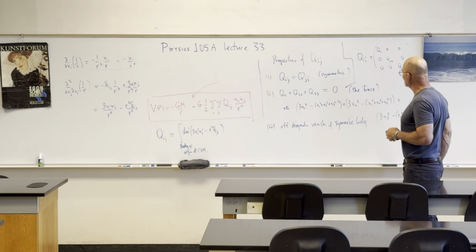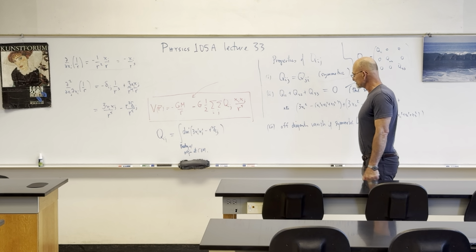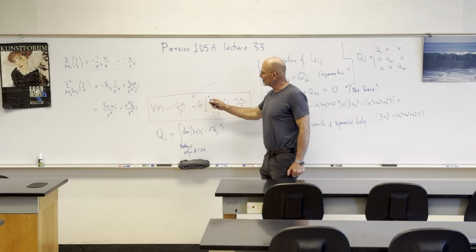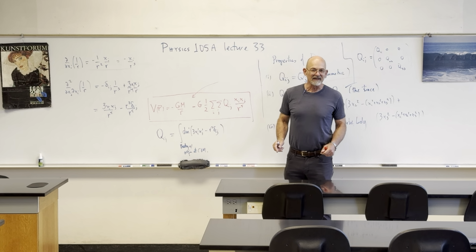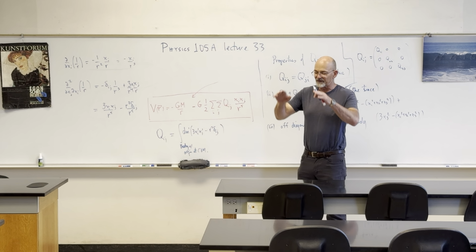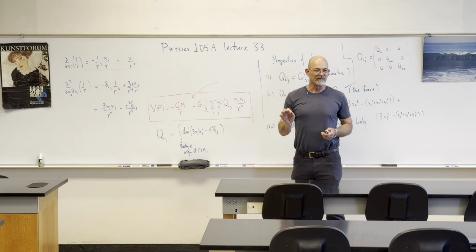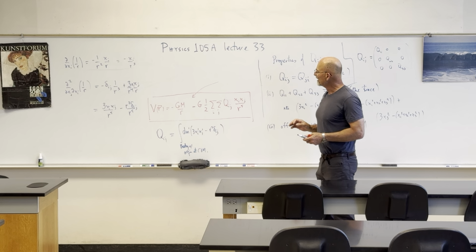Now here's a really interesting point. I haven't done it this way before, but we haven't yet proven mathematically, although we mentioned it a lot, that a spherically symmetric body attracts like a point of mass, right? We've mentioned that many times.